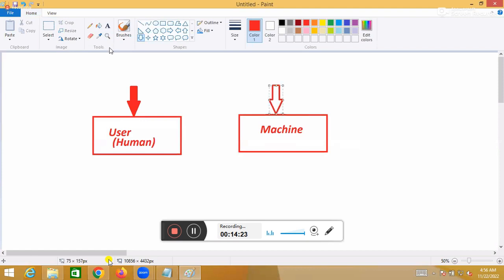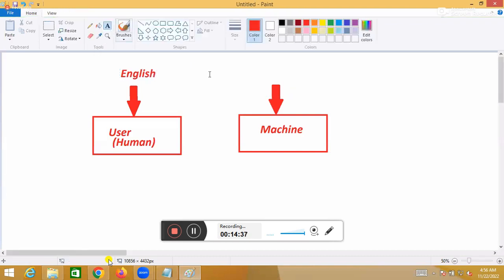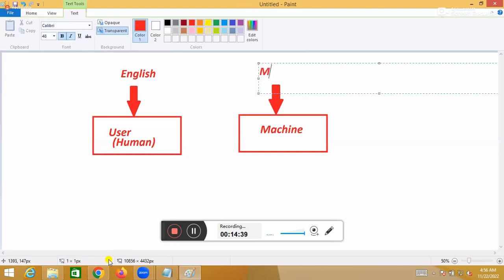Machines will understand some languages. Users will understand languages, but we write English language, you will understand. Roughly I'm writing. This will understand machine language, we say.